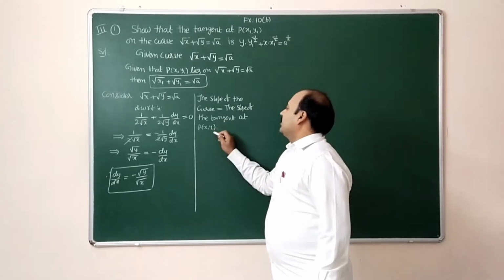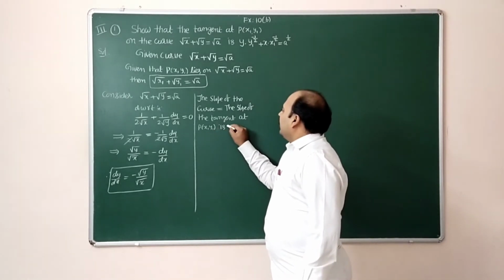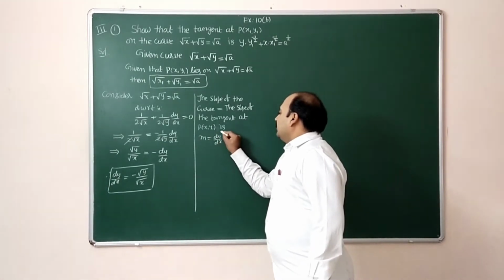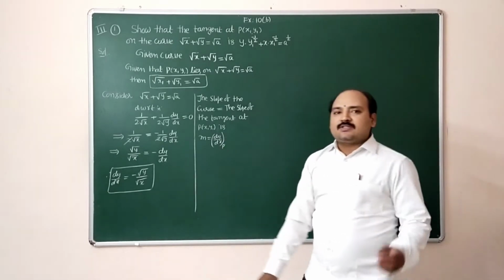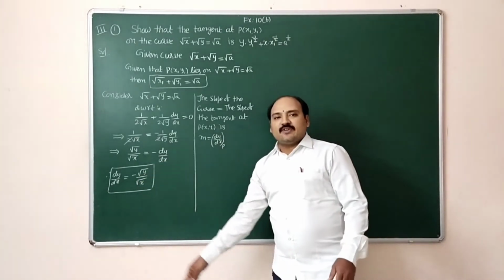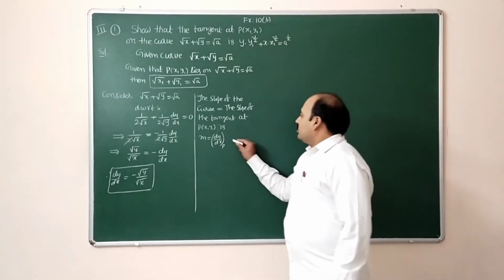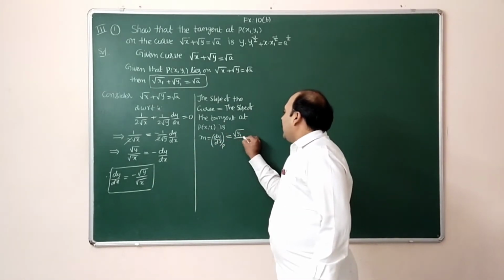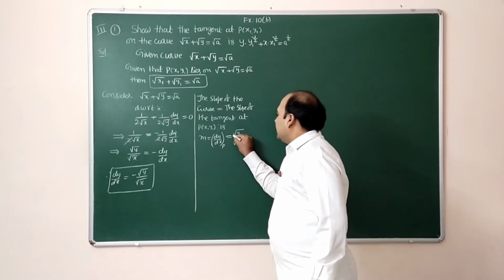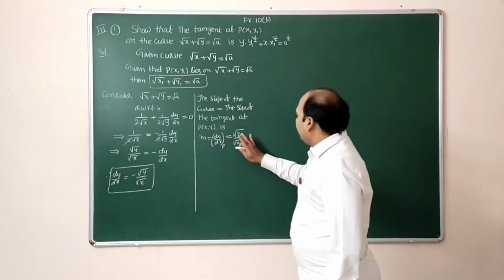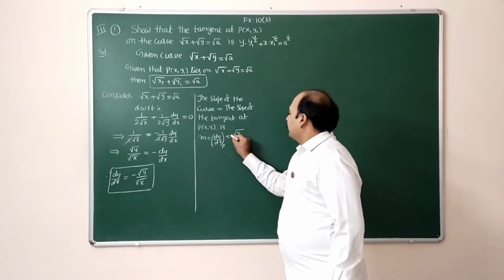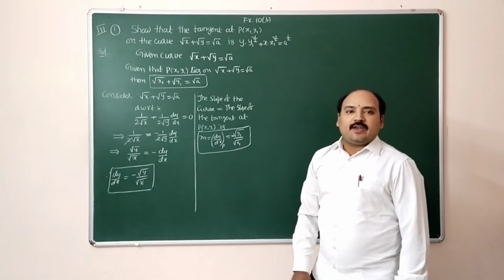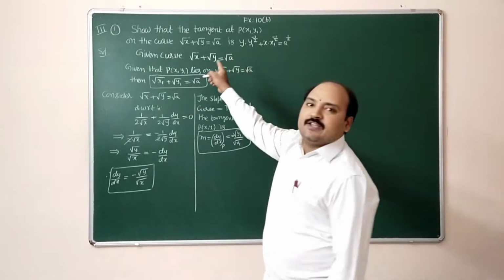Simply we can write at P of x1, y1, m equal to dy by dx at P. The suffix P means in place of x, y, you have to write x1, y1. So which is equal to, in place of y and x, root y1 by root x1, and the minus is also there. So the slope we got, and the point is also there, x1, y1. They are asking to calculate the tangent equation.